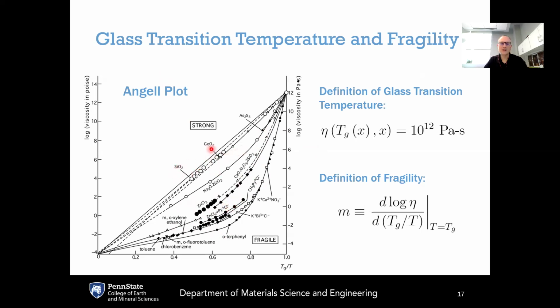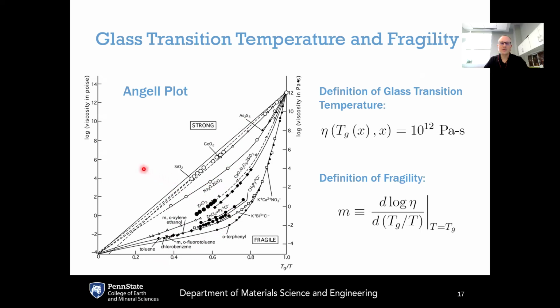You can see silica on here, germania, chalcogenide systems like arsenic sulfide, modified silicate systems like sodium silicate. There's ionic liquids like zinc chloride, organic liquids like o-terphenyl, toluene, and so on. So very different chemistries. And he put them all on the same normalized plot.